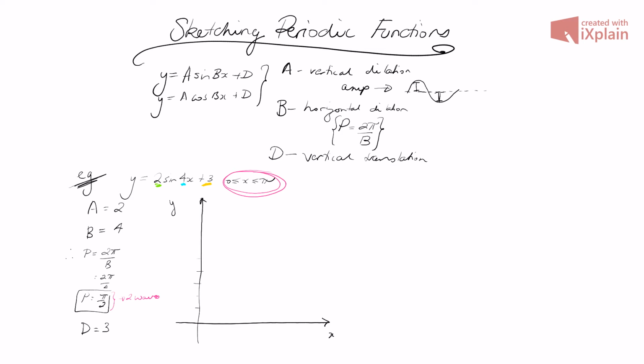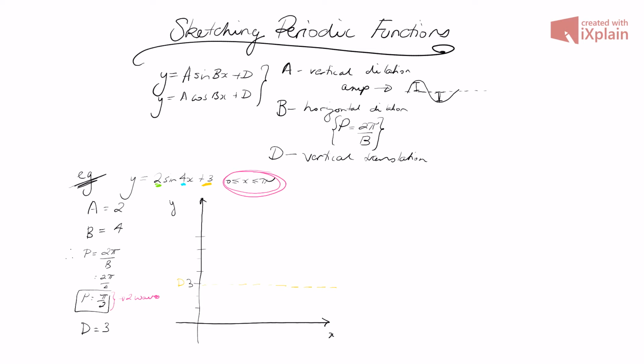I mark on d. So d in this case, let's do it in yellow. d is 3, so 1, 2, 3. d is here at 3. Now, I also always like to put in a little dashed line for my midline, so I've got something to work around. That means the function is going to be symmetrical around this middle line.